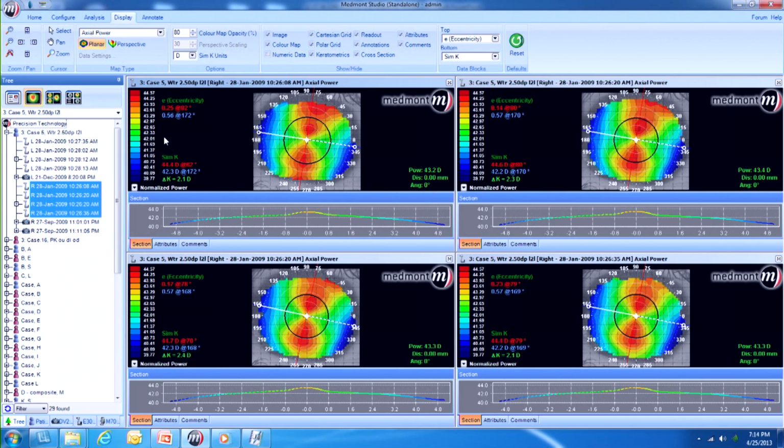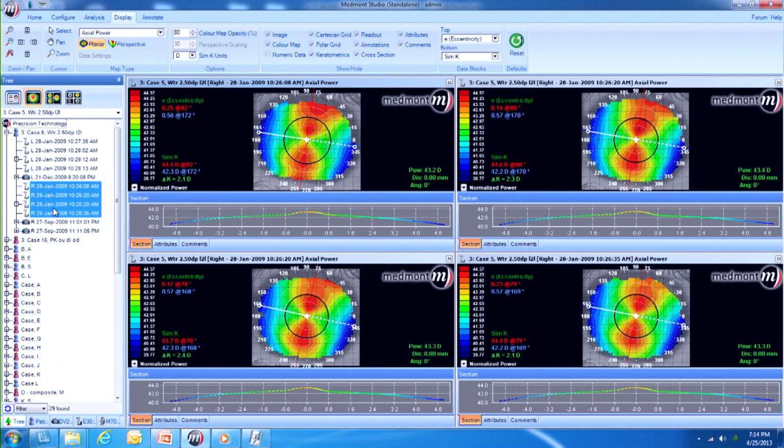Is the topographer measuring the tear film the same each time? Is it therefore what we can presume to be the real shape of the eye? So look at this image compared to this, and compared to that, and compared to that. It looks like we have very reproducible data. Fisher size is all very similar for all 4 images, so I don't think there's any one that we might trust more than the other.